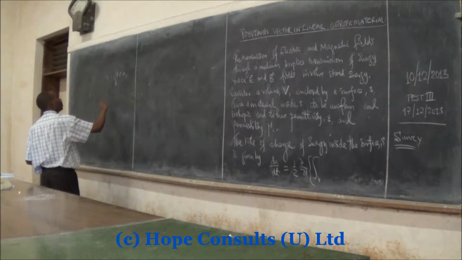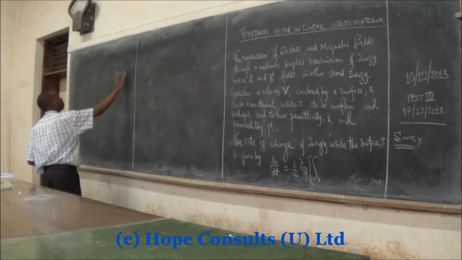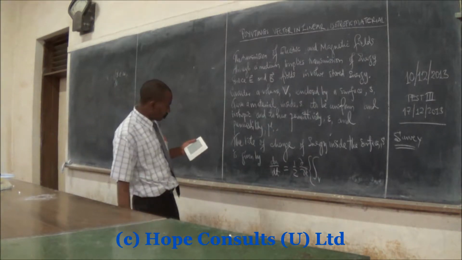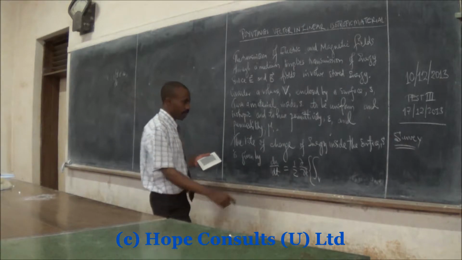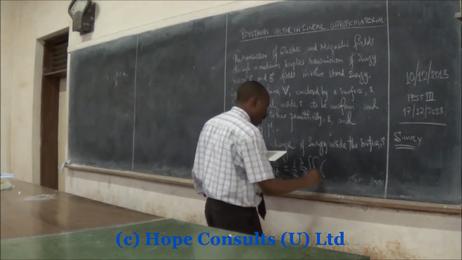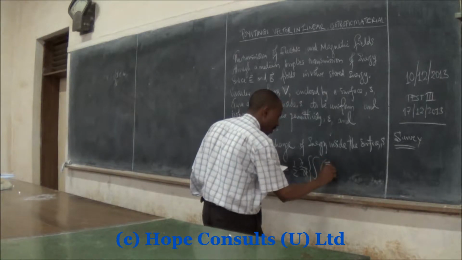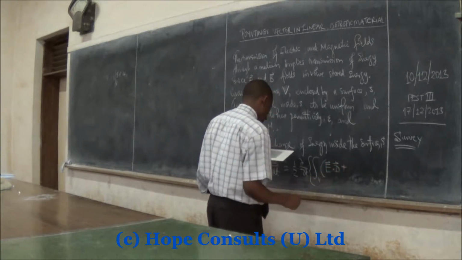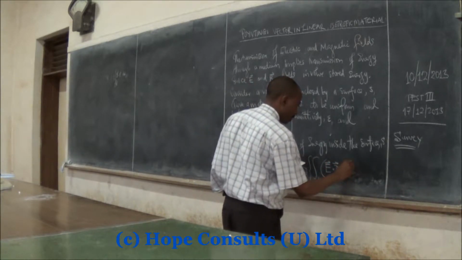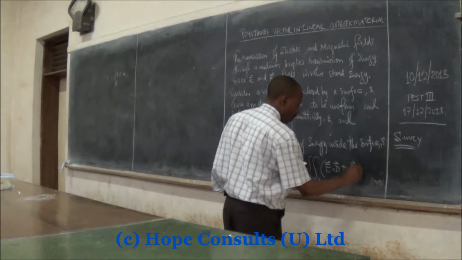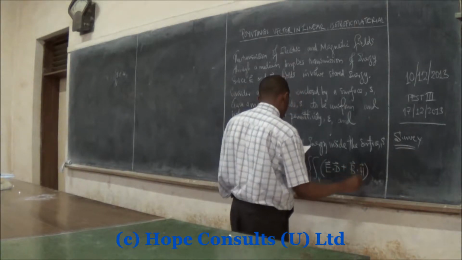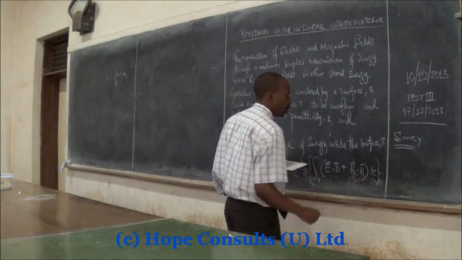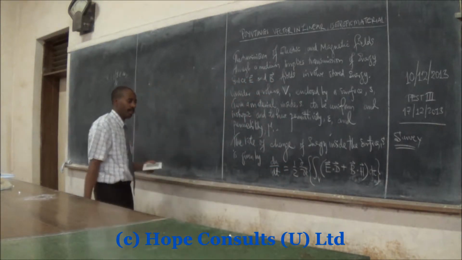Remember we had tau, but of course we said volume V, so tau is the volume. And so we have half of E dot D plus B dot H, integrated over d tau. That red covers everything.